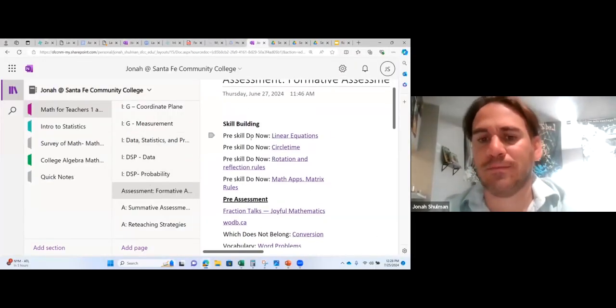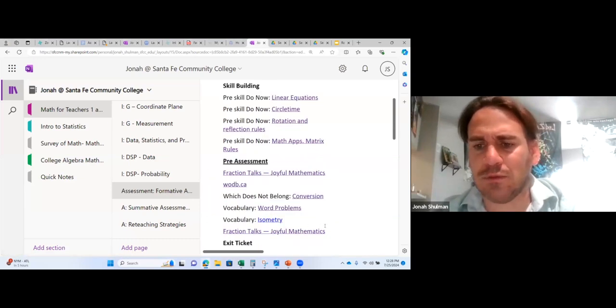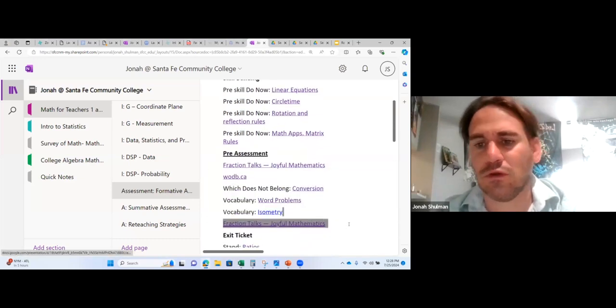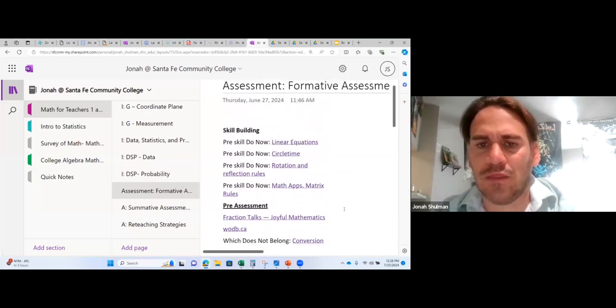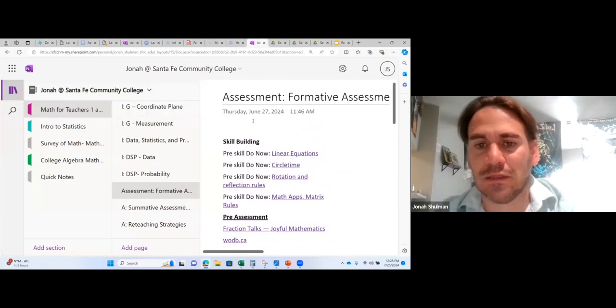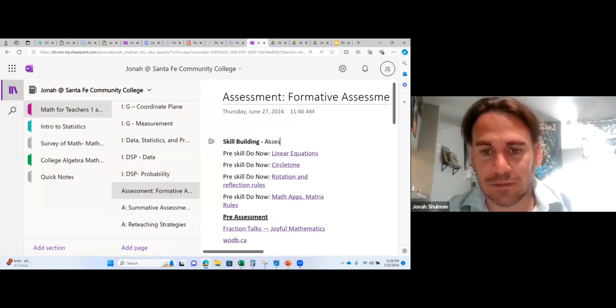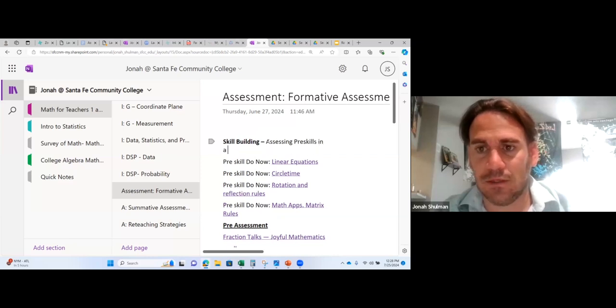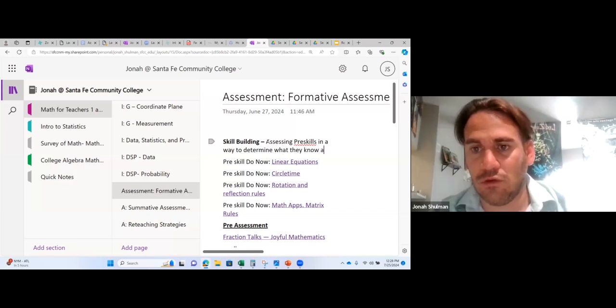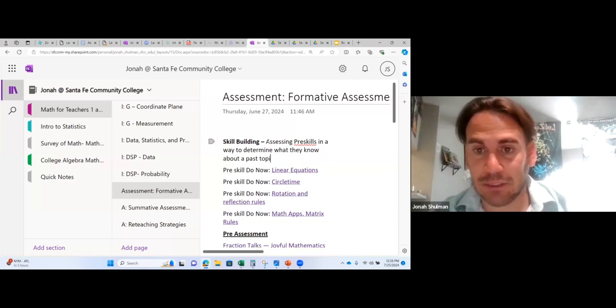So the first one is, I should probably do the pre-assessment before I do the skill building. No. When I think of formative assessment, the first thing I think of is building on previous skills to see how much they know. That's what this means. You're basically assessing their pre-skills in a way to determine what they know about a past topic or a new topic.